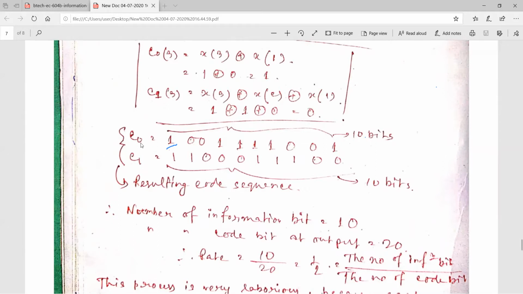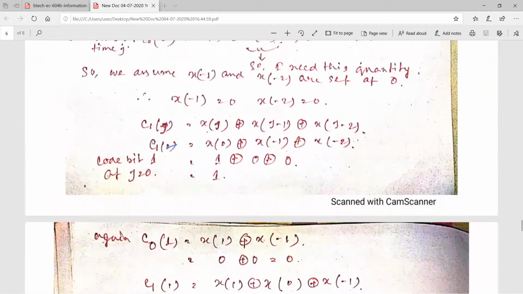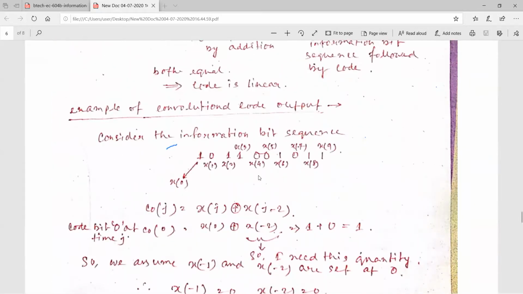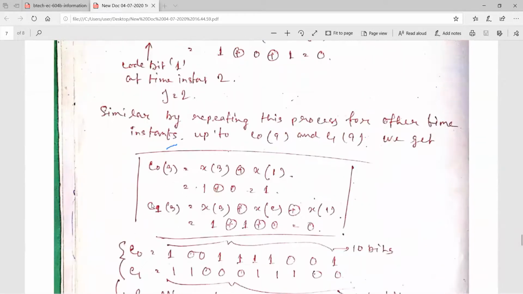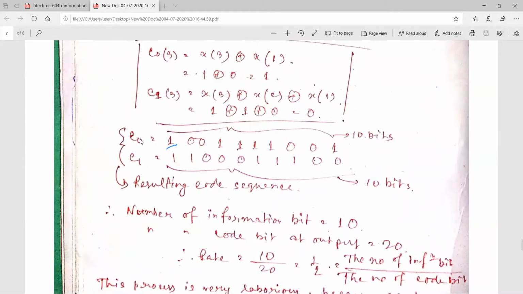For the 0 bit this is the code bit C0, and for the 1 bit this is the code bit C1. So for one input information bit sequence, we are getting two code sequences.